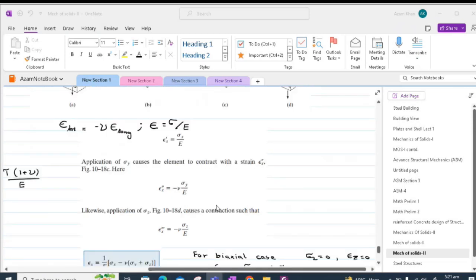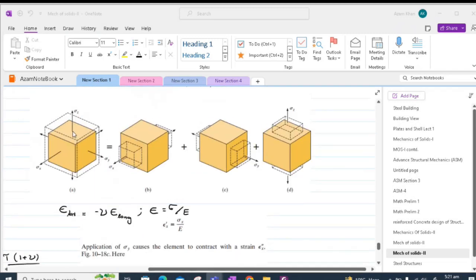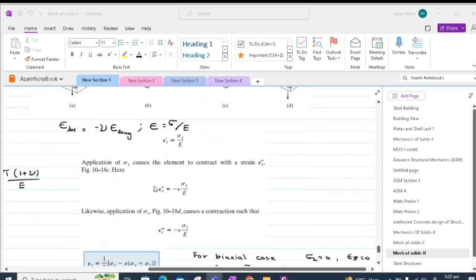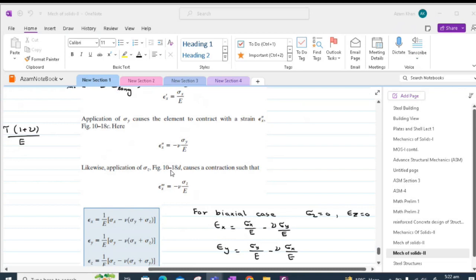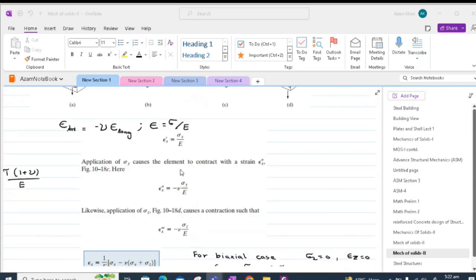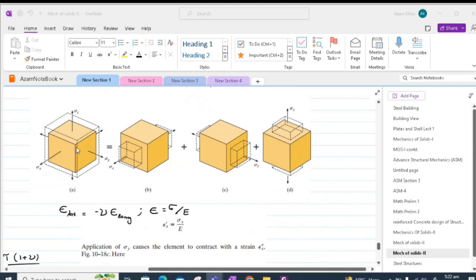In a similar manner, the stress in the z direction will cause contraction in the x direction. So using the Poisson ratio expression, we will get epsilon x triple prime equal to minus nu sigma z by E. After this, we can use the principle of superposition to add all the strains in the x direction.